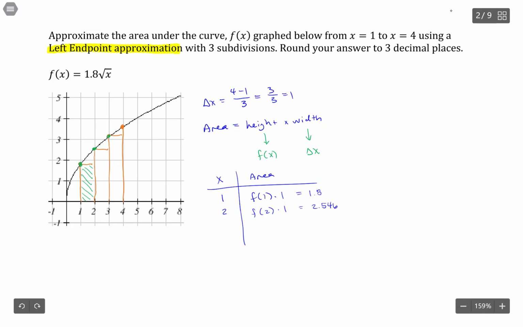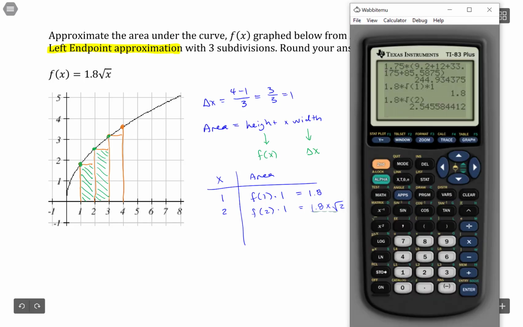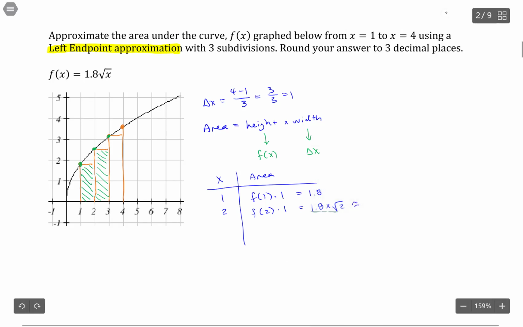And that gives the 2 numbers multiplied together gives me the area of this second rectangle. And you know what, just thinking ahead here, just being careful, I'm going to say this is just 1.8 times the square root of 2, which is approximately 2.546.